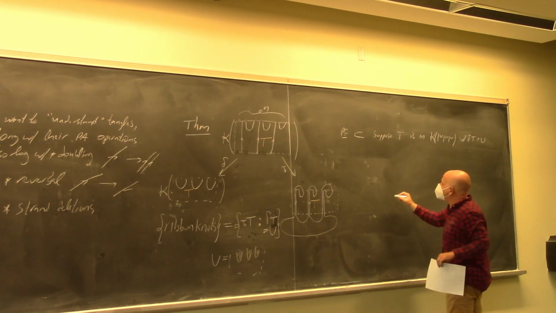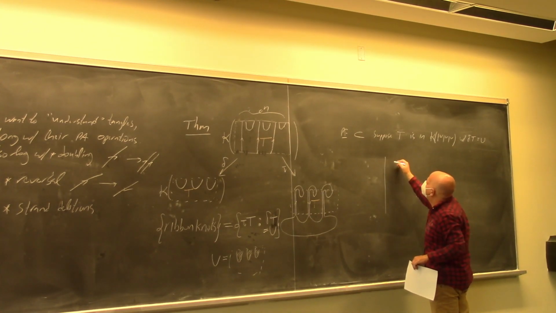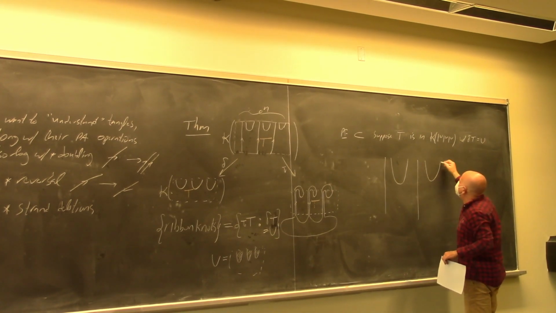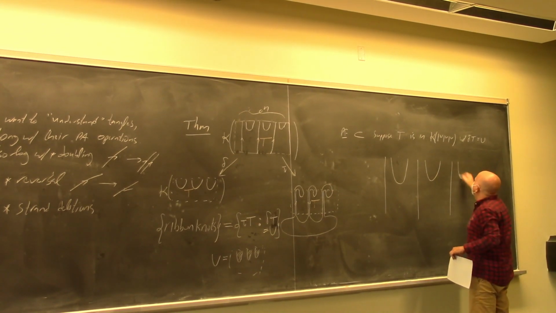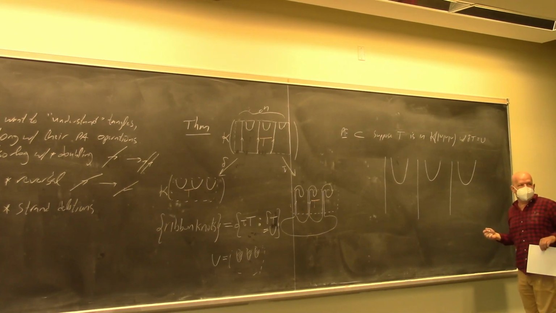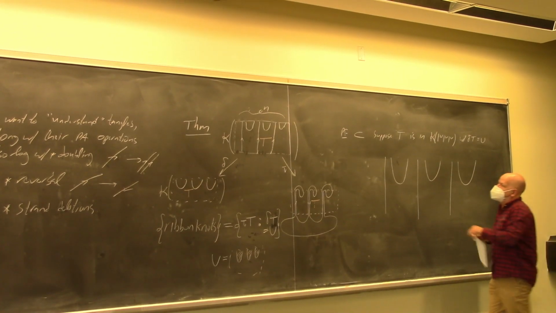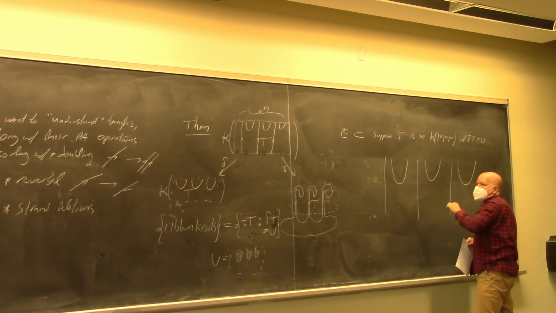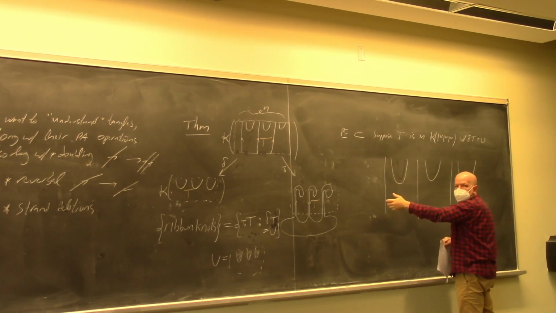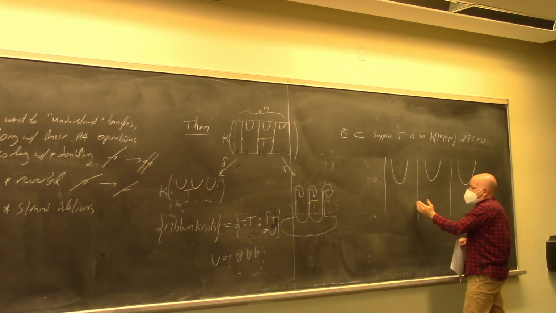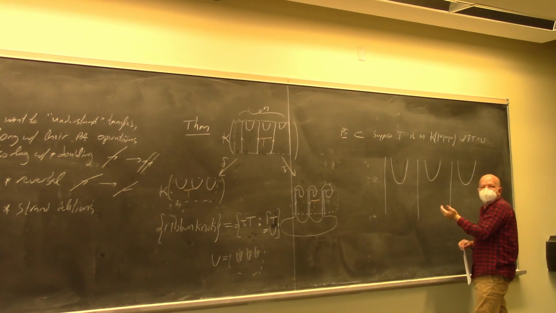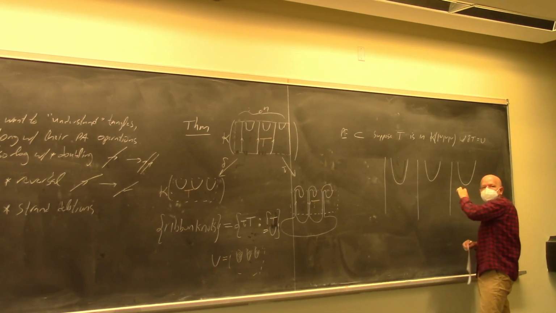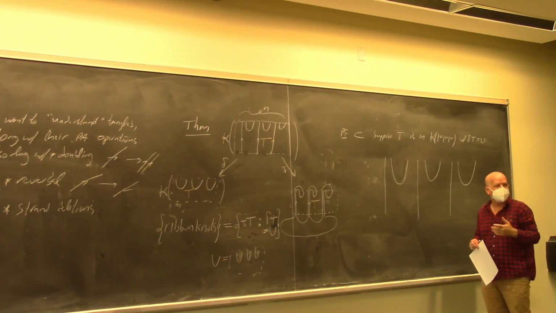But let me draw T in a slightly more interesting way. Here is the skeleton of T. What I know about T is that the caps part, if you ignore the vertical lines, is trivial. If you delete the vertical lines, the caps part is a trivial thing.